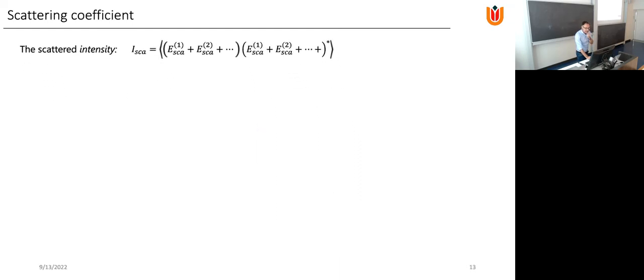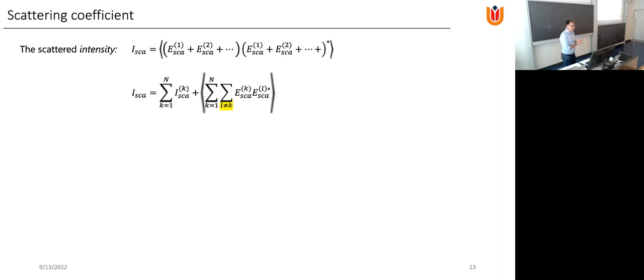So this scattered intensity for the n particles, if we do that same calculation, if we multiply first the scattered field by the first particle with itself, we get the scattered intensity of the first particle. The second particle as well, just as we had before, and so on for all the particles.